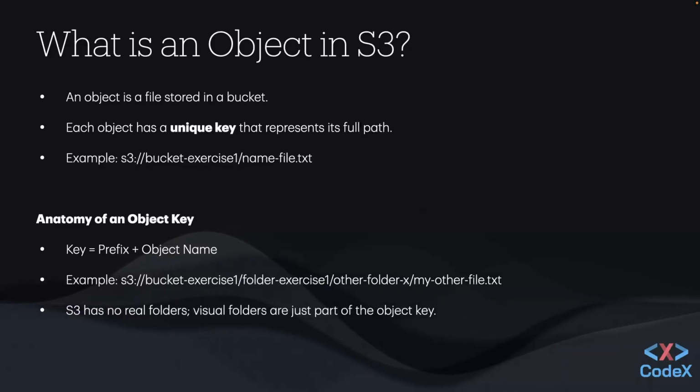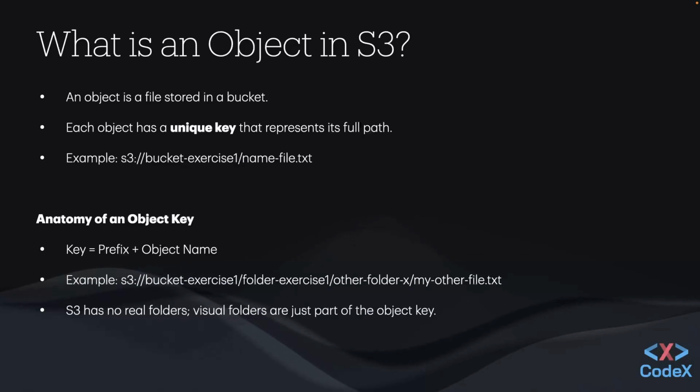Everything after the bucket name is considered part of the object's full name. Following the previous example, folder-exercise-1/other-folder-x/myotherfile.txt is the object's full key. Bucket exercise 1 is the bucket, or what we could call the root folder, in our file system analogy.